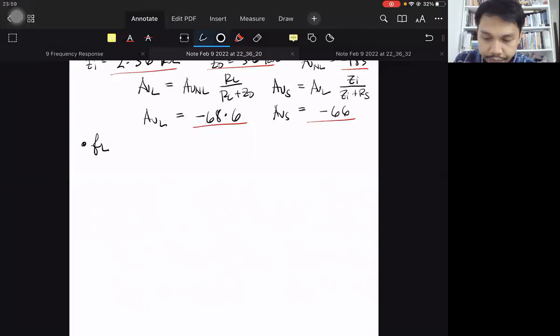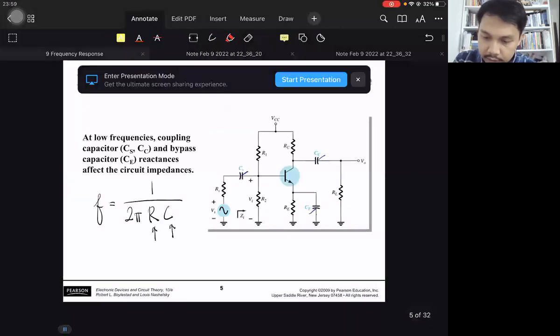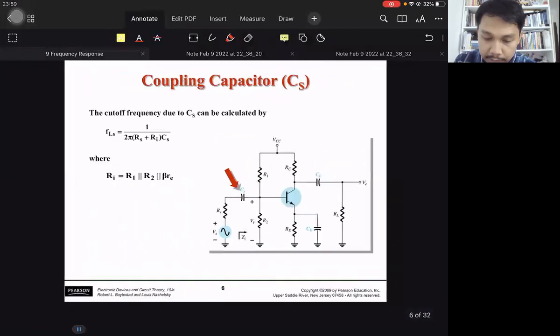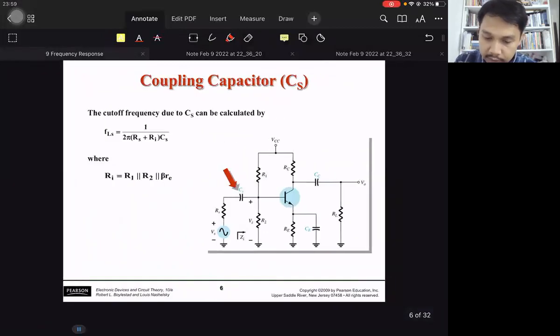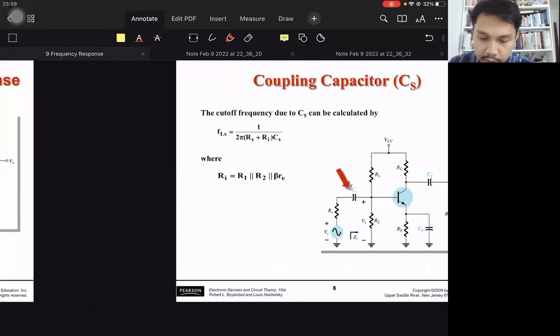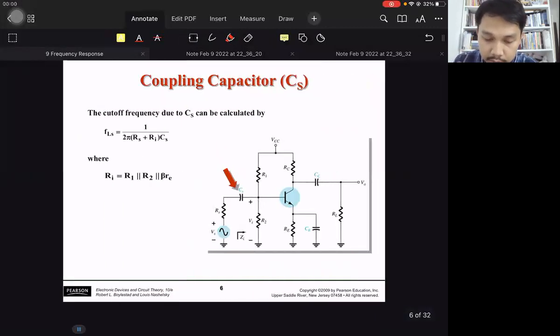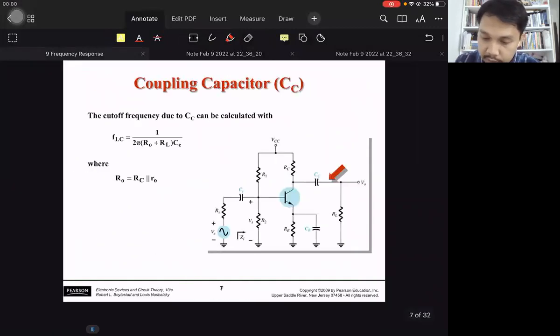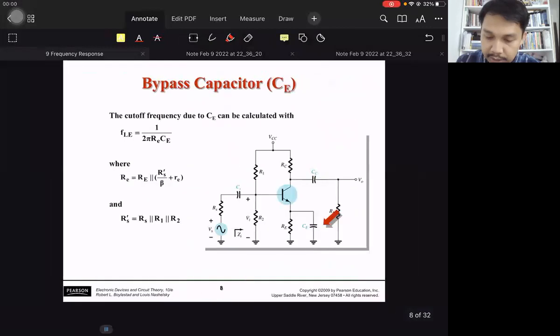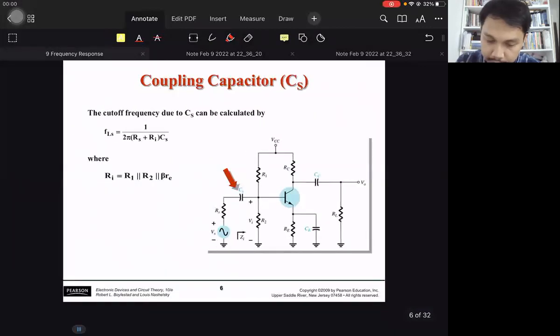These are our formulas. The lower limit frequency due to the source capacitor, due to the collector capacitor, and due to the bypass capacitor.